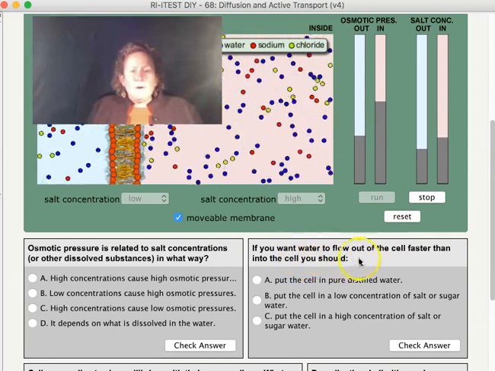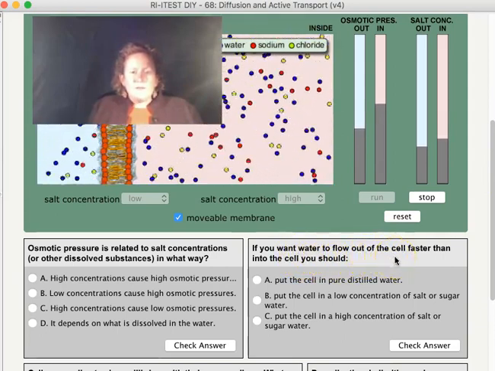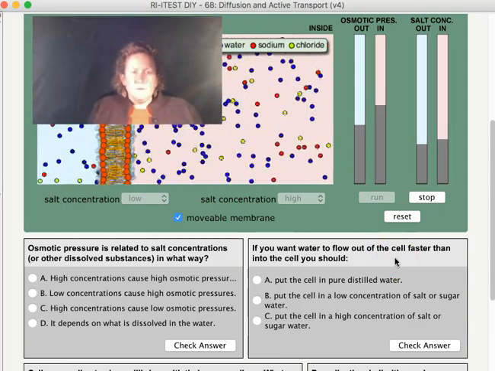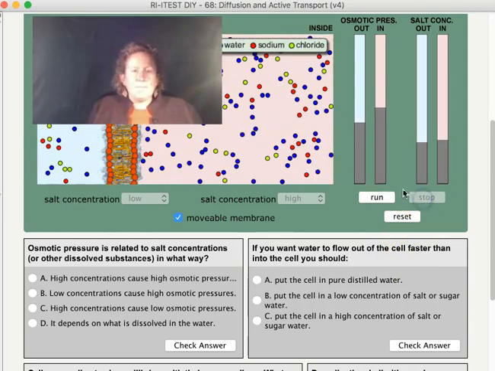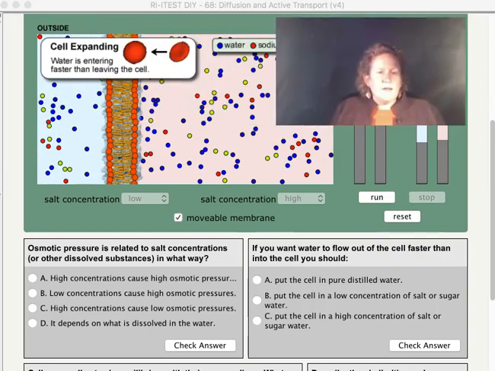If you want water to flow out of a cell faster than into the cell, what should you do? Well, let's go find a situation where we can have that happening. We want water flowing out of the cell faster than into the cell.